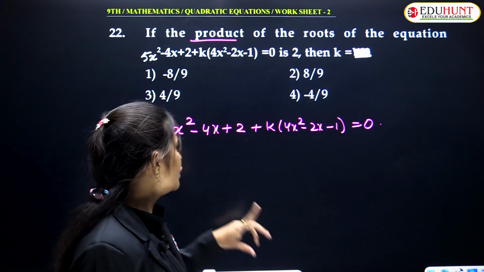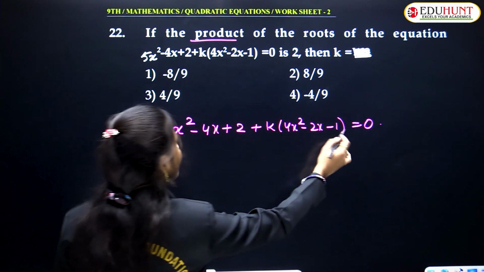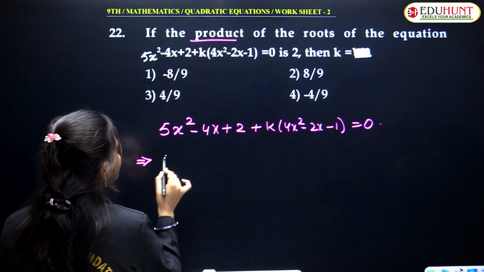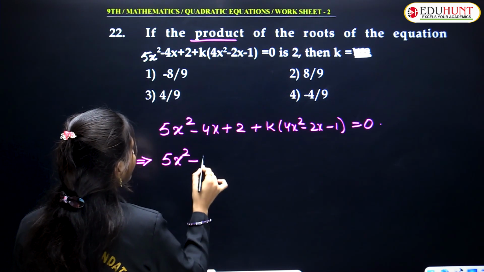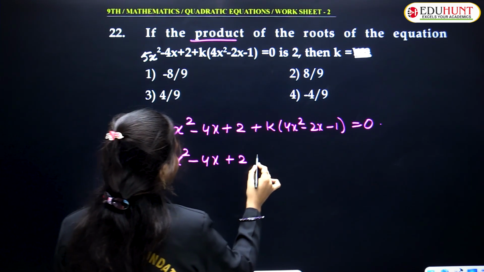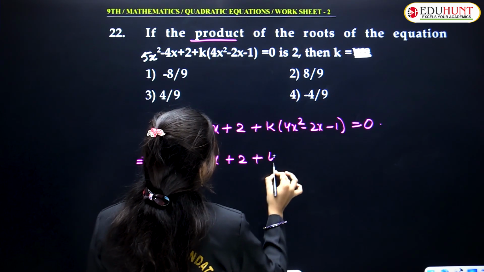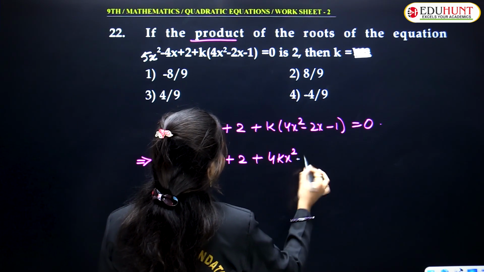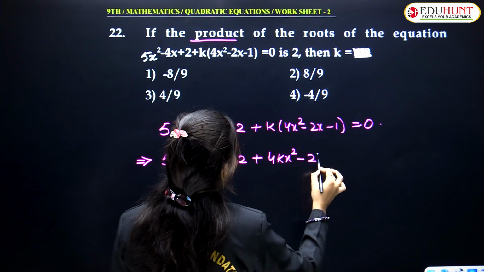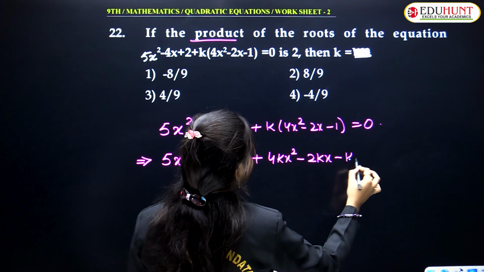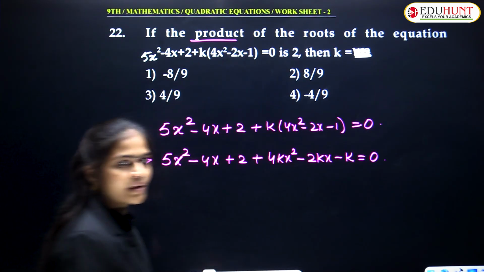Before going to do that, first we have to simplify this. So 5x square minus 4x plus 2 plus 4kx square minus 2kx minus k, which is equal to 0. Clear?